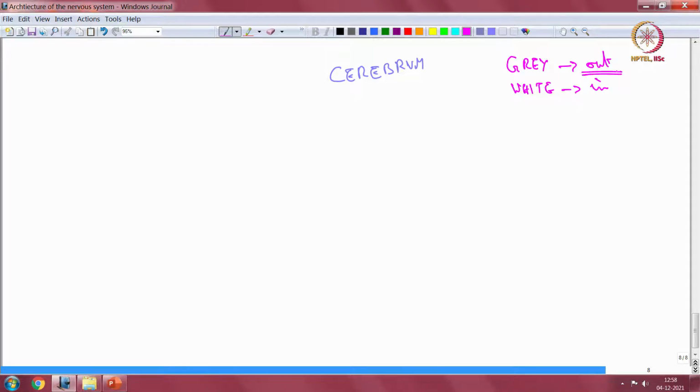On the surface of the cerebrum, and the cerebellum incidentally, there is gray matter outside and white matter inside. In the spinal cord, it is just the reverse: white matter on the outside and the processing on the inside. Gray is neurons, and for our understanding we treat white as axons. Let us not complicate issues with that, but it is not so simple.